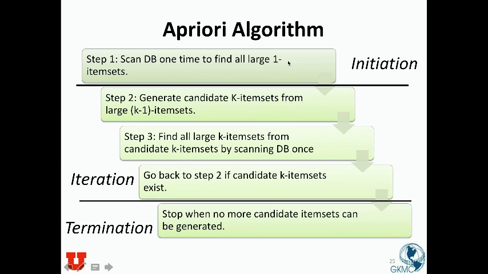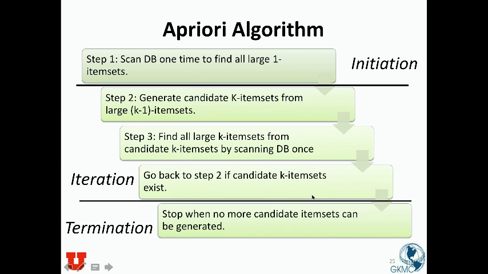So we start by finding all the large 1 item sets, then all the large 2 item sets, then all the large 3 item sets, then large 4 item sets.